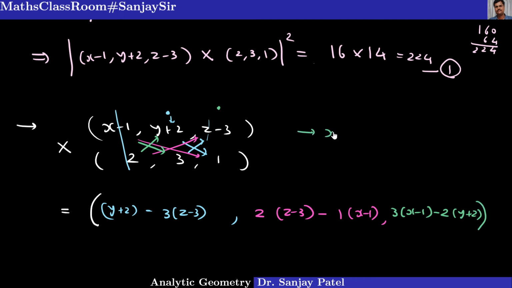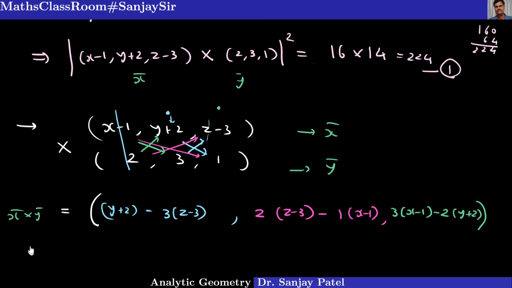You can call this x bar, this you can call y bar, and this is your x bar cross y bar. So this is x bar cross y bar. And you want to find the cross product of these two vectors and then take the magnitude of that vector.